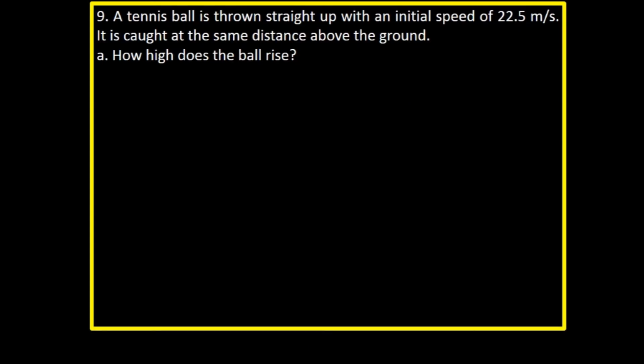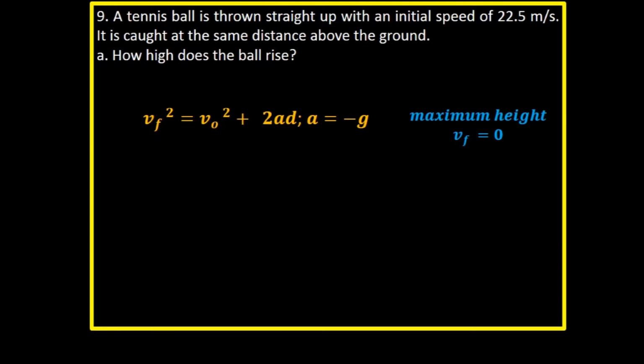A tennis ball is thrown straight up with an initial speed of 22.5 meters per second. It is caught at the same distance above the ground. How high does the ball rise? So again, it's going to be VF of D, and there you have it. Now G is going to be going up, so G is negative, and VF is negative.